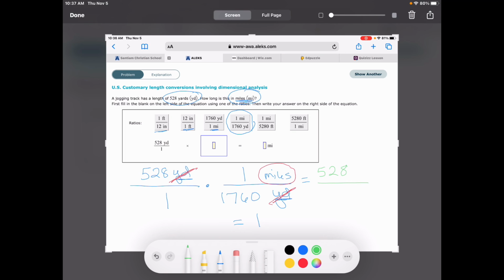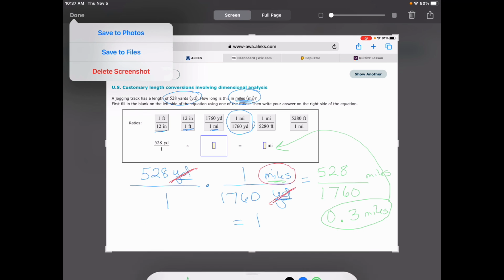And on the bottom, I'm going to have 1 times 1,760. I can use my calculator. This is going to be miles. So I do 528 divided by 1,760, and that's 0.3 miles. And that's the answer I'm looking for here.